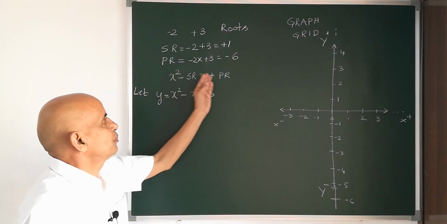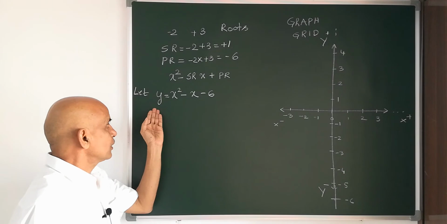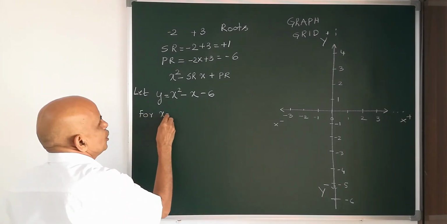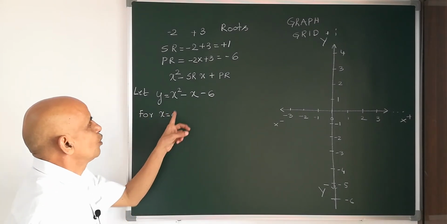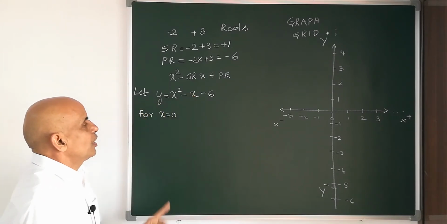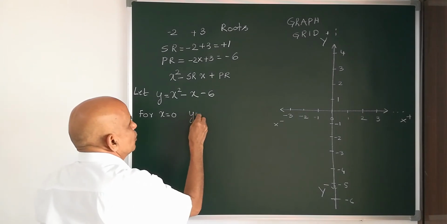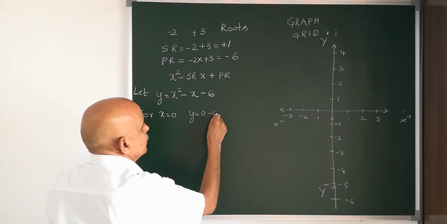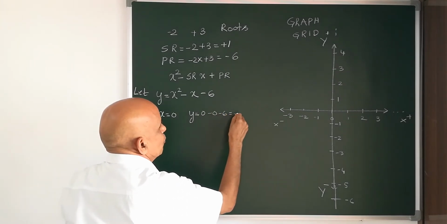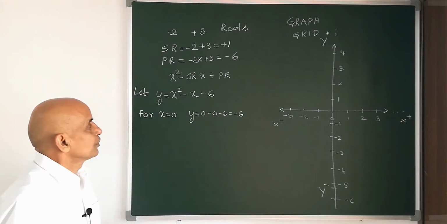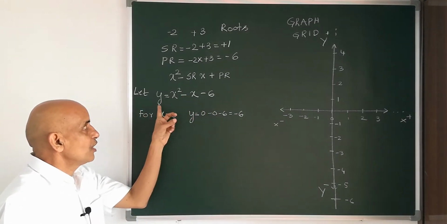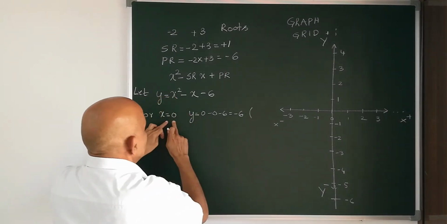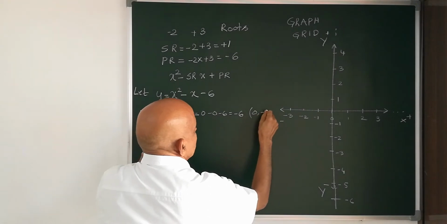That means, for example, if I put x is equal to 0 in this, then what will be the value of y? y is equal to, in place of x I will put 0, so this becomes 0 minus 6, which is equal to minus 6. So for x equal to 0, the value of y becomes minus 6. So I take this as a point. When x is 0, y is minus 6.